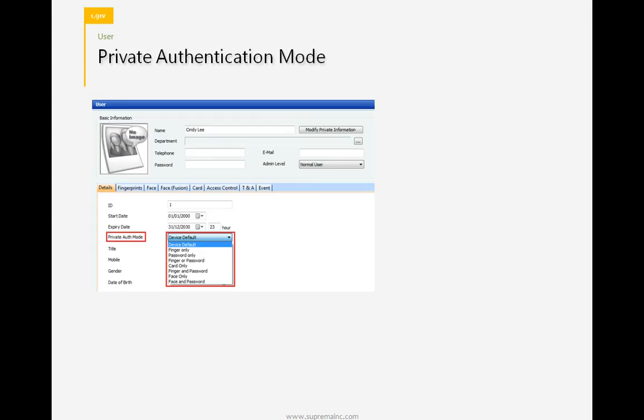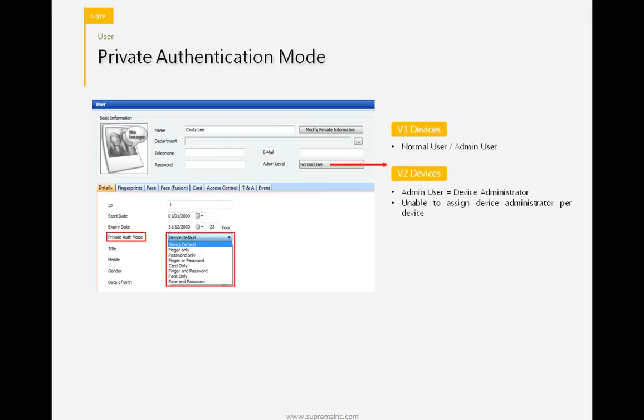Private authentication mode. I'm going to explain about the admin level first. The admin level for version 1 devices is only normal and admin user. The same applies to version 2 devices, only normal and admin user. But if you remember in BioStar 2, we had a device administrator, so you were able to set certain users to be device administrators on the device.